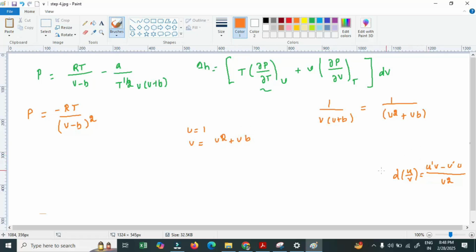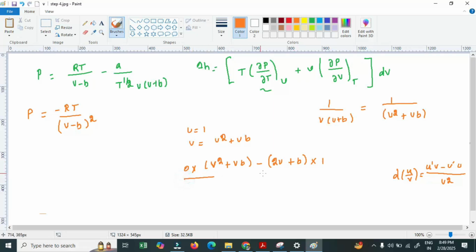Now U dash is 0, multiplied by whatever term, V square plus VB, minus, if we differentiate V square plus VB, 2V plus B, multiplied by U which is 1, divided by V square, so V square plus VB power 2. This term vanishes since I multiply by 0. Therefore, we'll have A divided by T power 1 by 2, this remaining term.